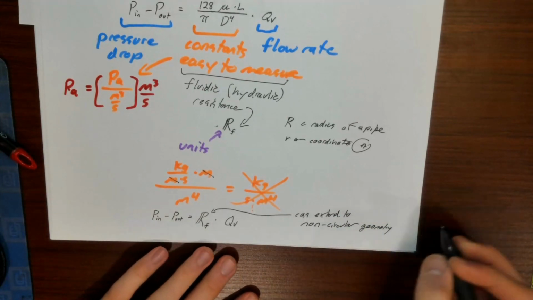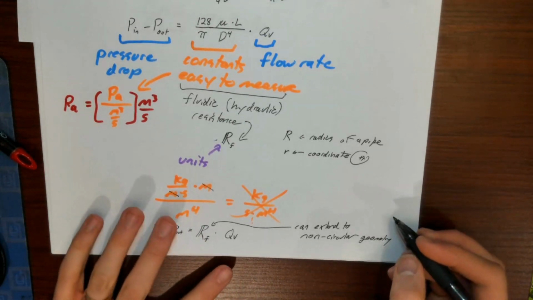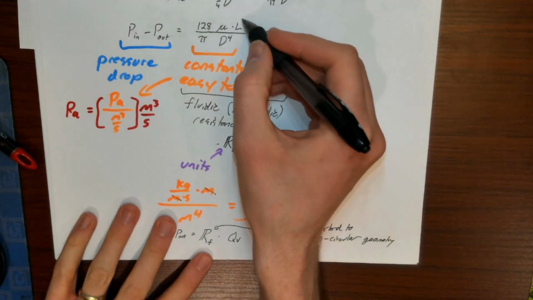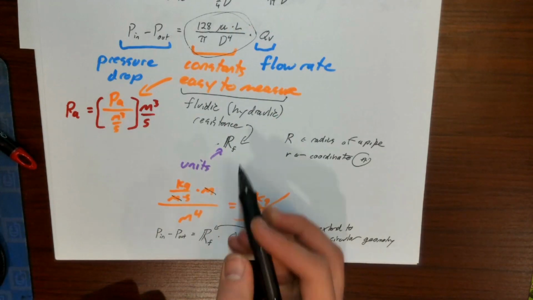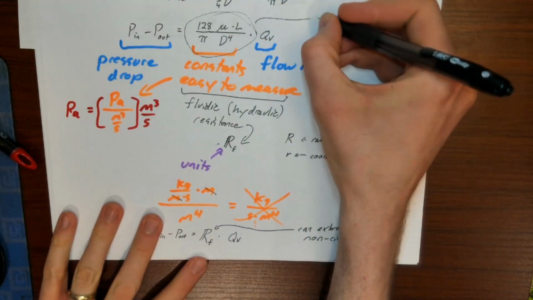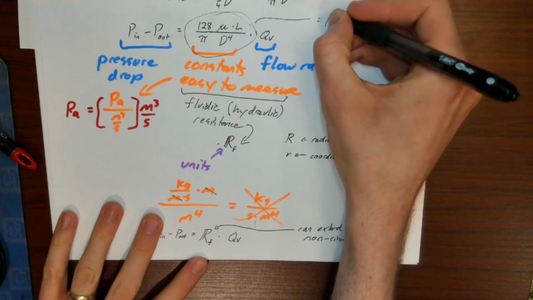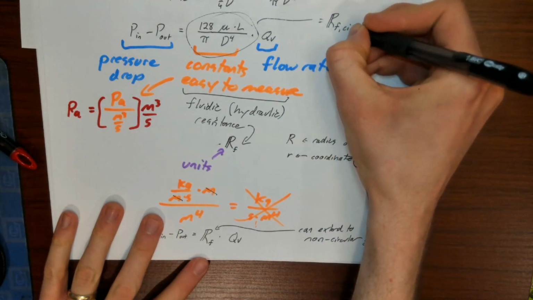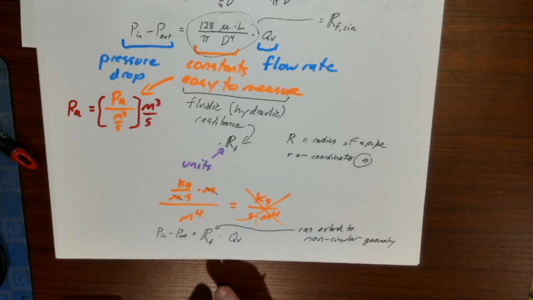But if you extend it to non-circular geometries, you basically need to use a different formula than this one for the fluidic resistance, which essentially is equal to the fluidic resistance for a circular cross section.